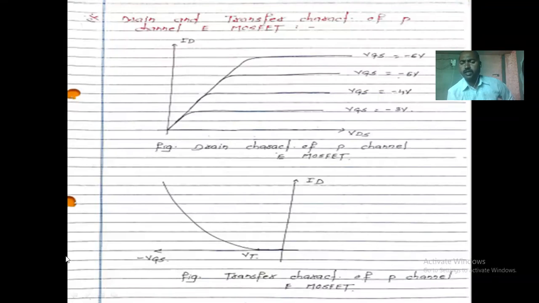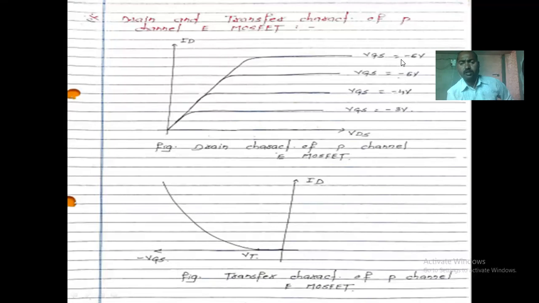Either you are increasing or decreasing the size of the depletion area. As we apply more negative voltage, it causes less depletion area. Less depletion indicates enhancement of the channel.